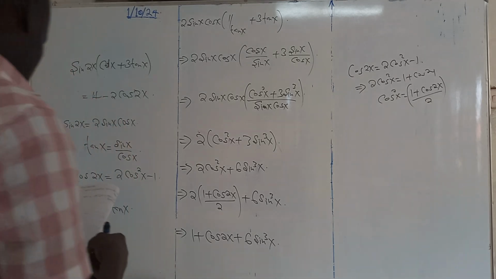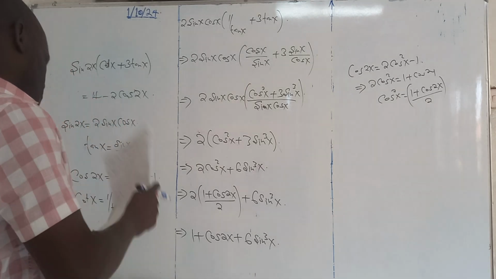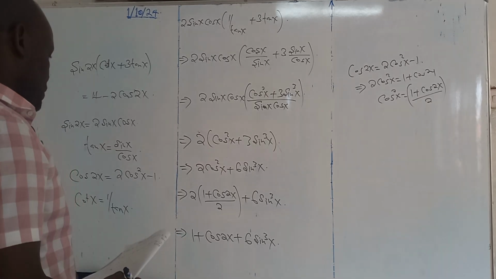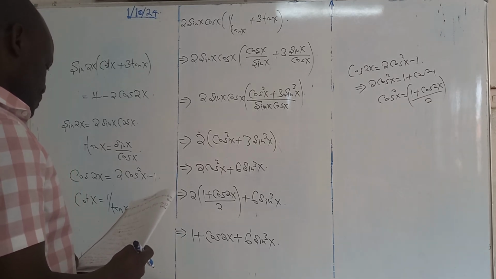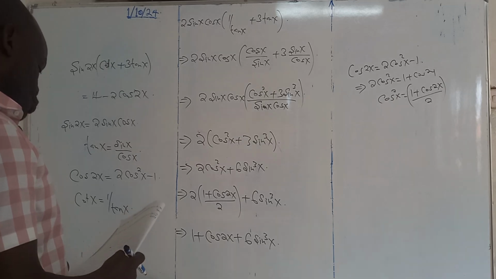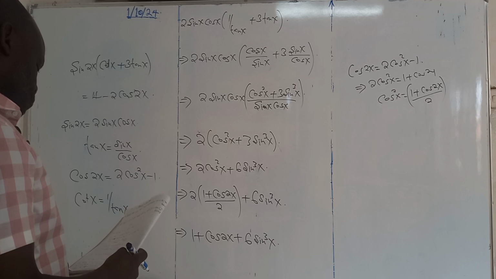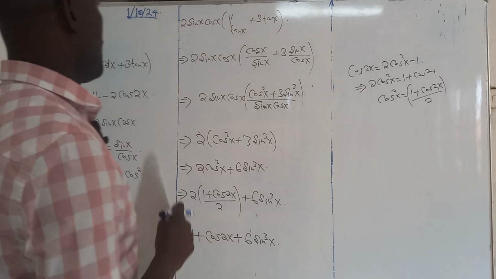So it is 1 plus cos x plus 6 sin cubed x. So what do we have?